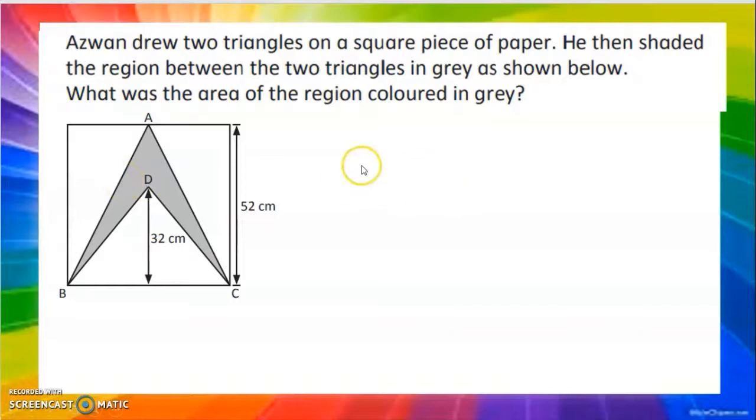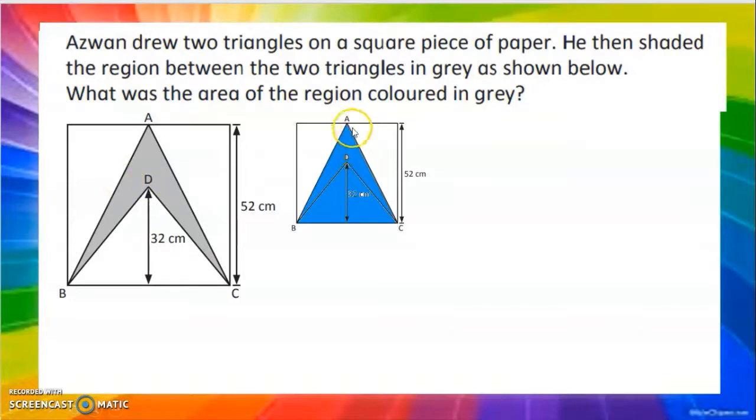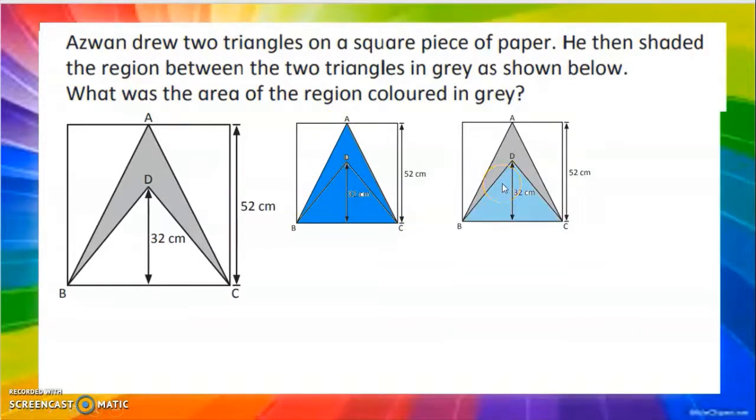Very good. We're going to take first the area of the big triangle, the triangle ABC, and then the area of the small triangle DBC. Okay? So, how to find the area of a triangle? What is the formula?